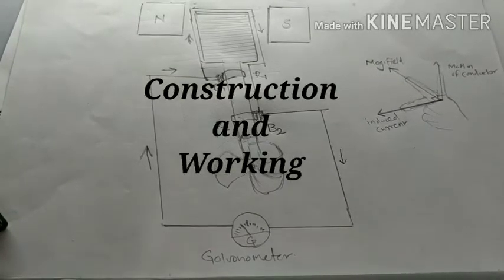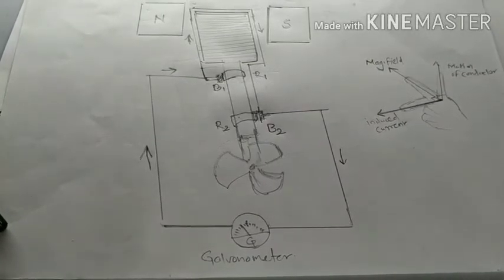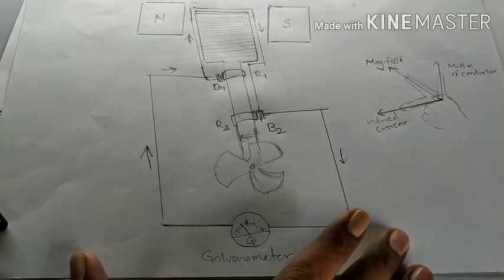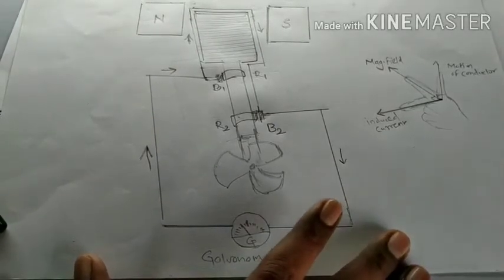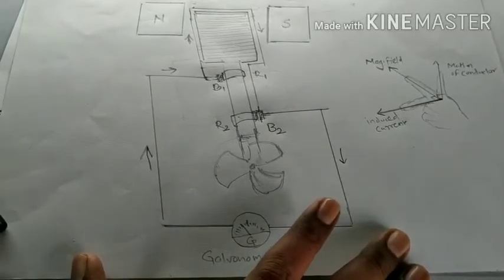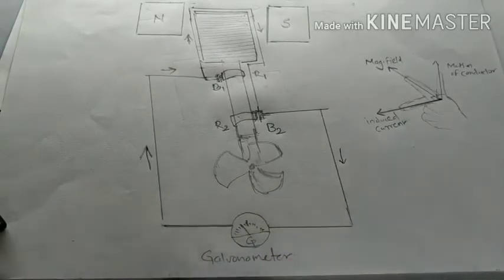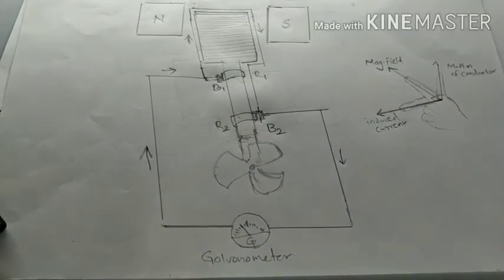Working of the electrical generator. This is the figure shown in your book. Figure 4.20 shows the arrangement. Before that, we have to discuss how it works. Most metals have electrons that can move around freely.